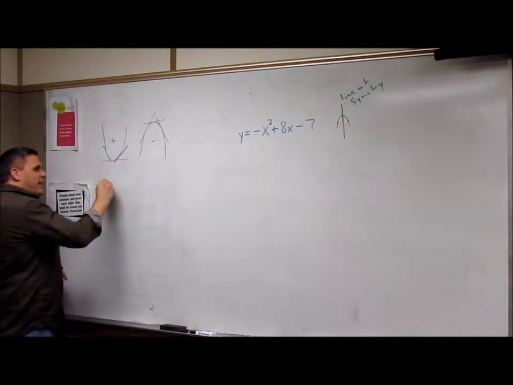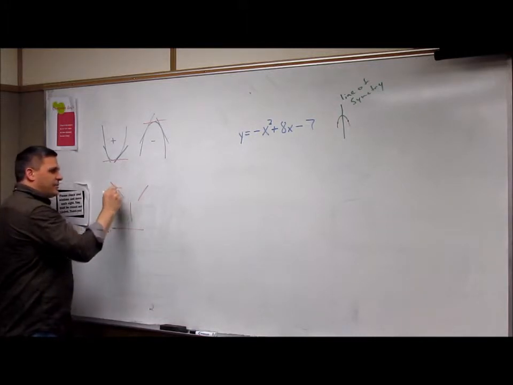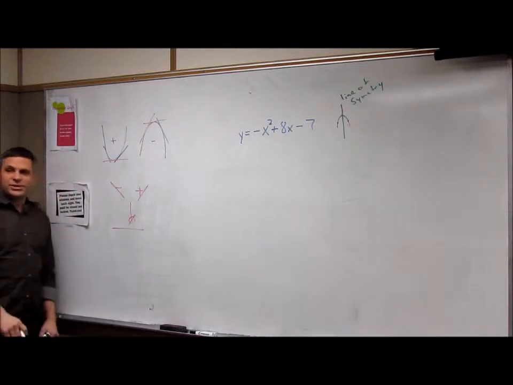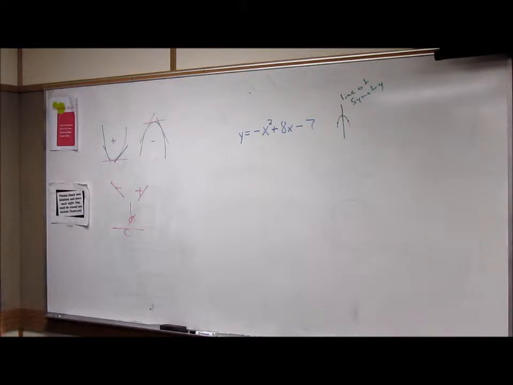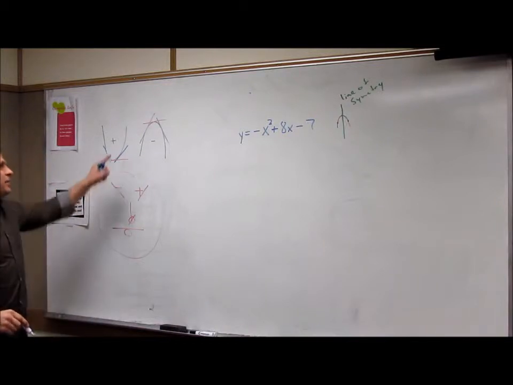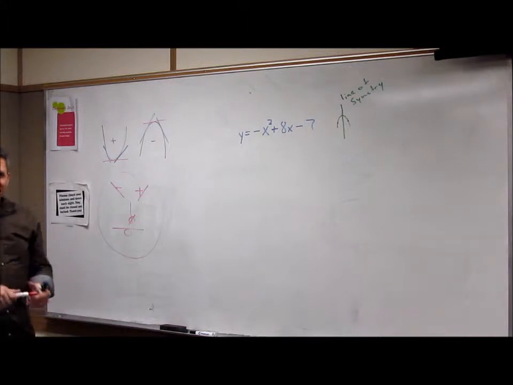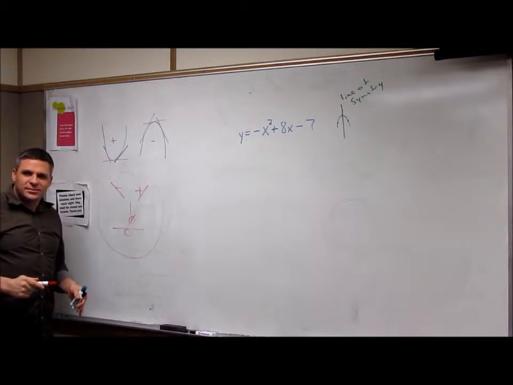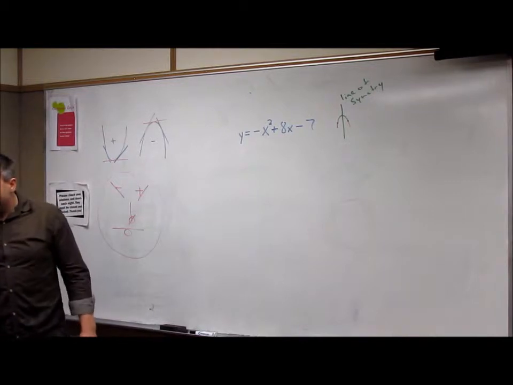If we remember the face, this is negative, this is positive, this is no solution, and this was 0. So, this face tells us a lot about this 0 slope. When something goes from negative to positive, it has to hit 0 first. And when something goes from positive to negative, it has to hit 0 first.